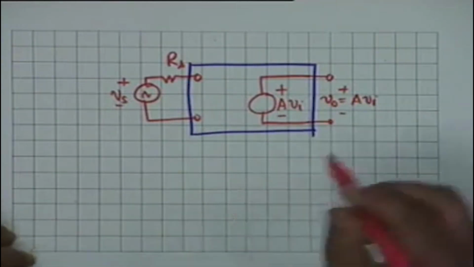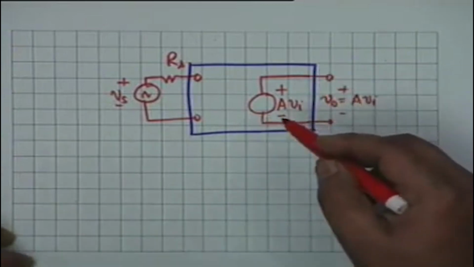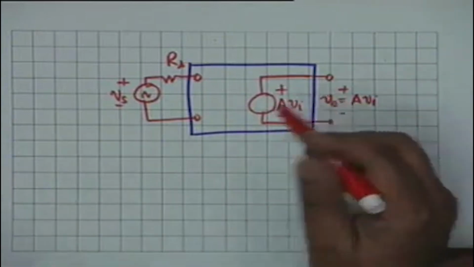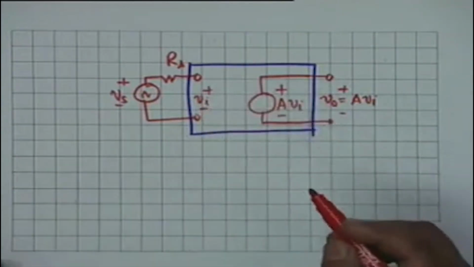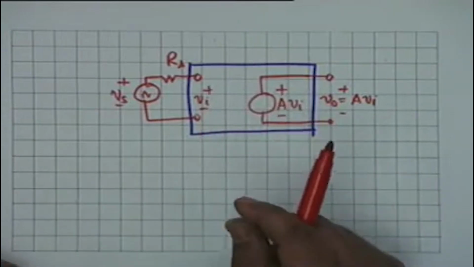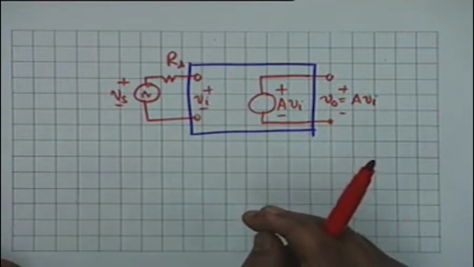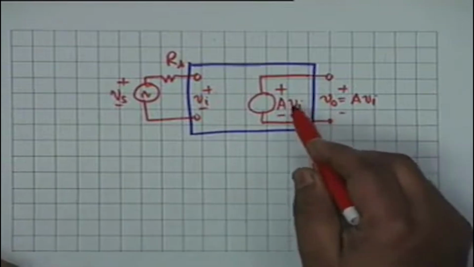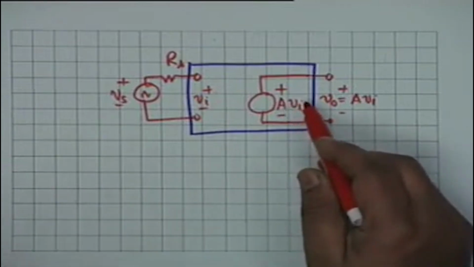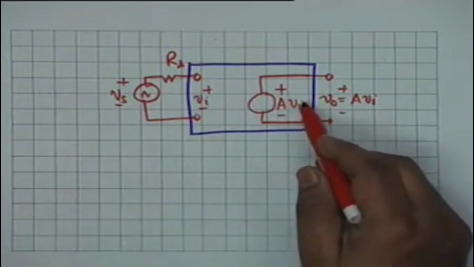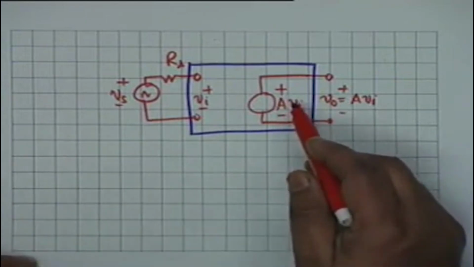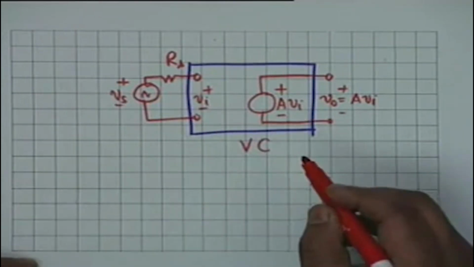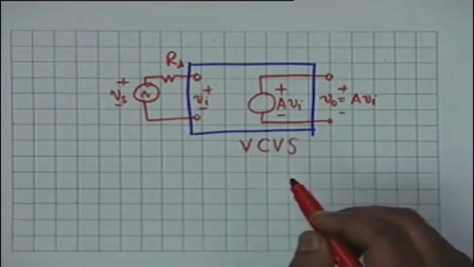The Thevenin resistance is equal to 0 and therefore it behaves like this. This is an example of a voltage controlled voltage source. Here is a voltage source A Vi whose voltage is controlled by another voltage Vi. So it is called a voltage controlled voltage source, VCVS.